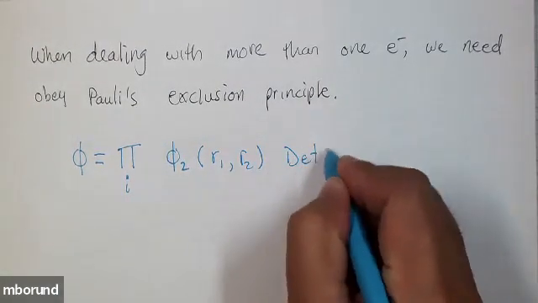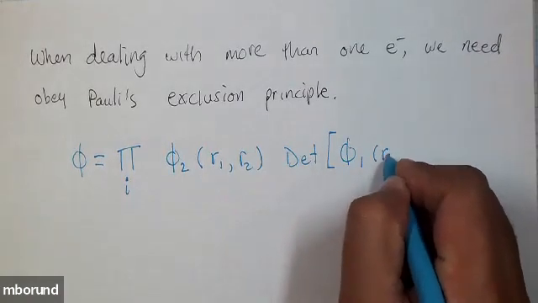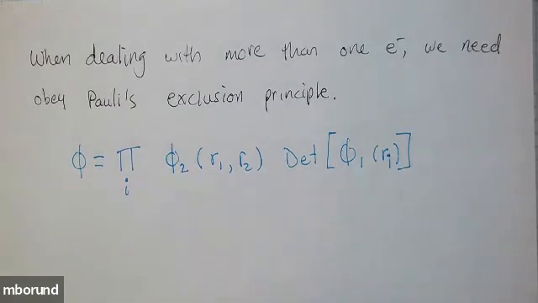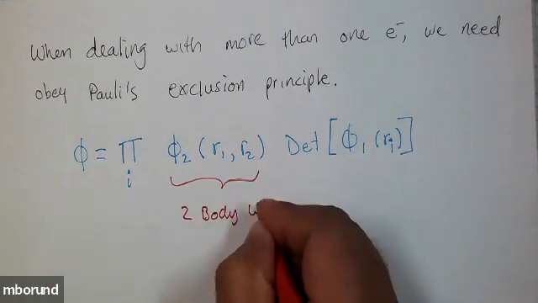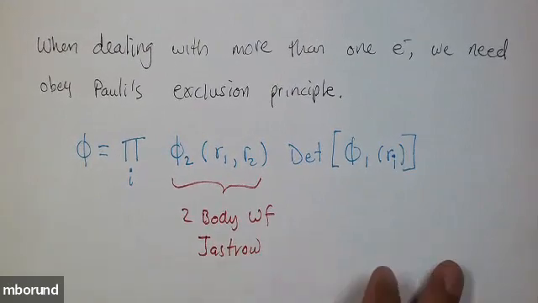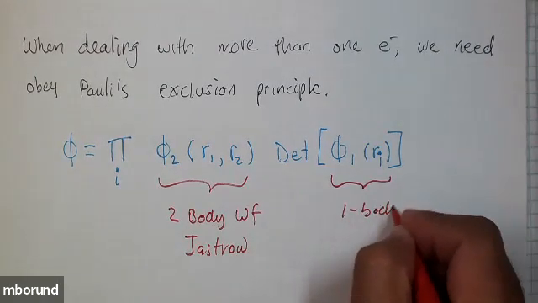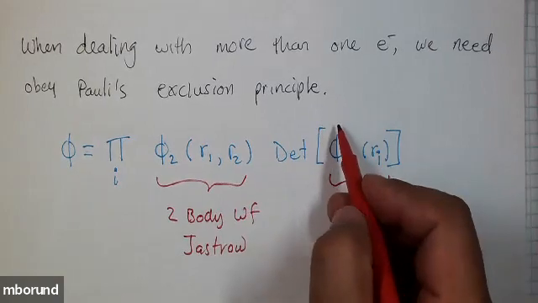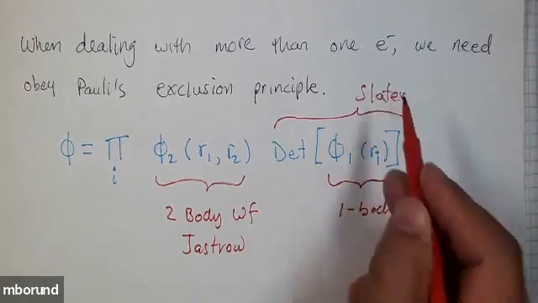And then you have to do the determinant of the single body wave functions. So this monster right here is a two-body wave function. It's usually called the Jastrow two-body function. And then this one is the single body wave function. And this whole thing right here is called the Slater determinant.